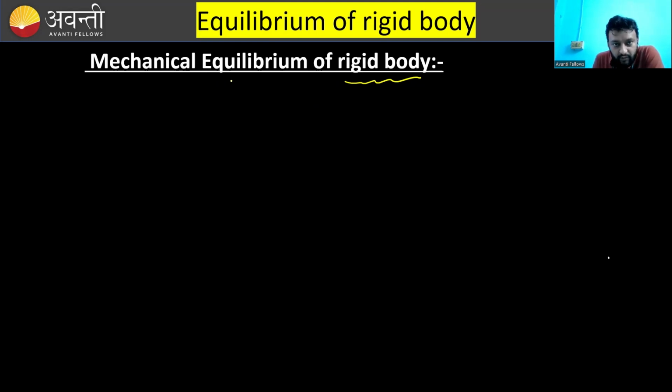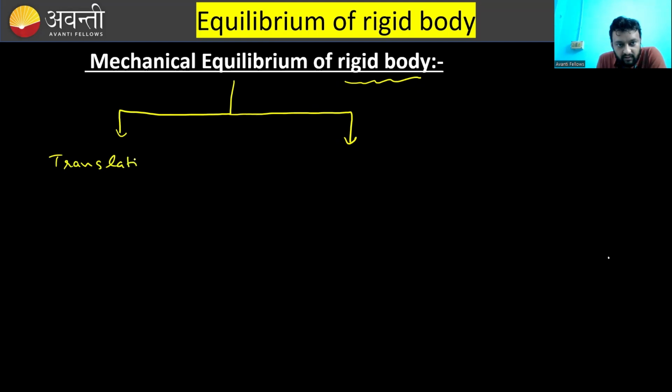For mechanical equilibrium, there must be two types of equilibrium. I will tell you one by one. One is translational equilibrium and another is rotational equilibrium.